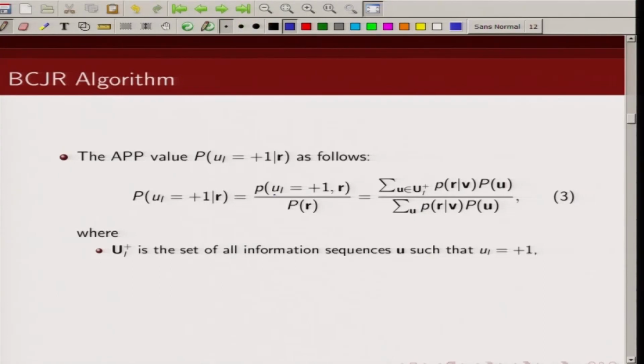Since we are interested in the joint probability of U_l being plus 1 and R, we sum this probability over all those information sequences where the corresponding bit is plus 1.